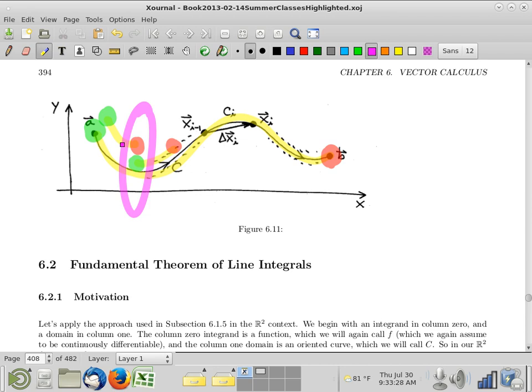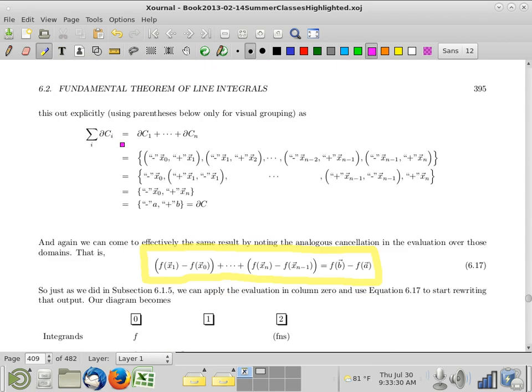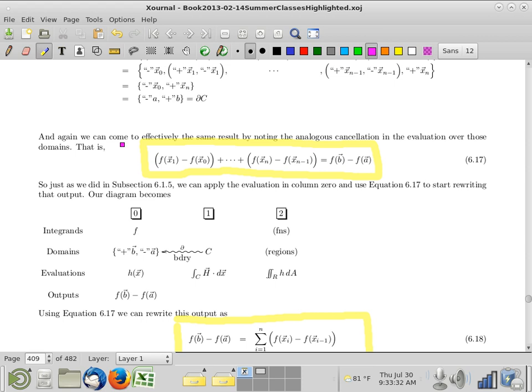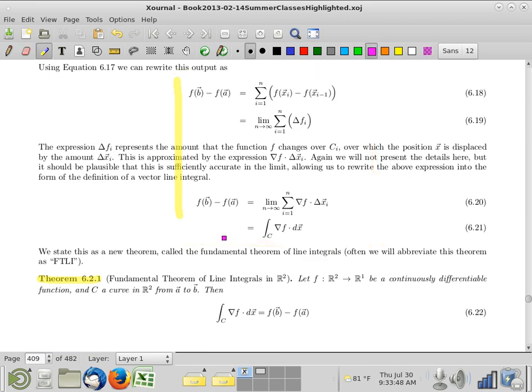Okay. So, punchline then. This shows up in the algebra as this change that we're interested in is, in fact, an accumulation of little changes over the interior pieces, which you can write like this, which you could rewrite like that.